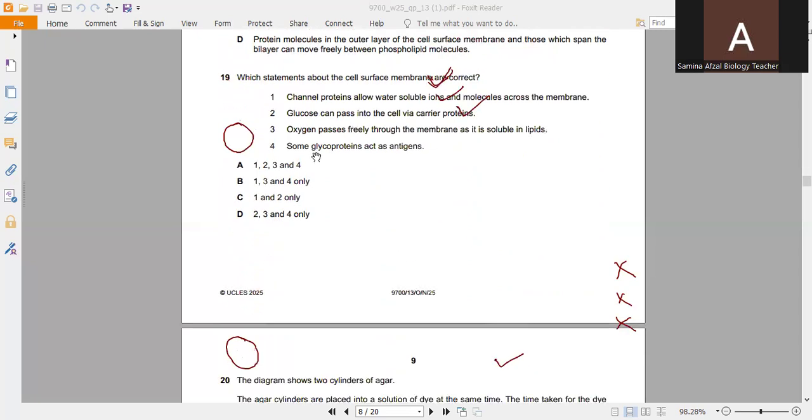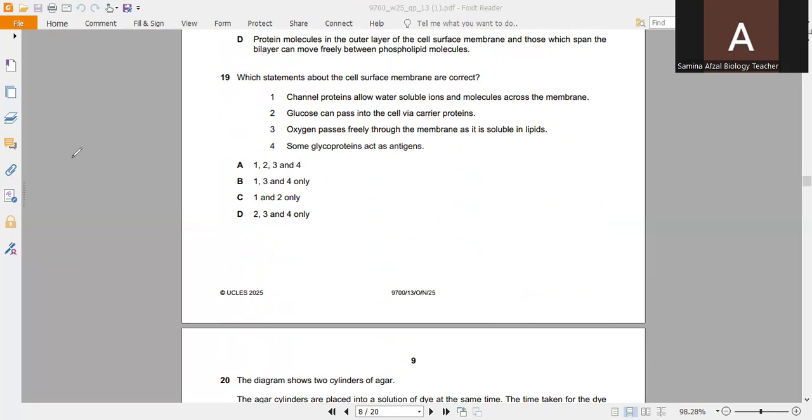Then move towards question number 19: which statements about the cell surface membrane are correct? Again, they have given us four statements. We will go with the first statement: channel proteins allow water soluble ions and molecules across the membrane.